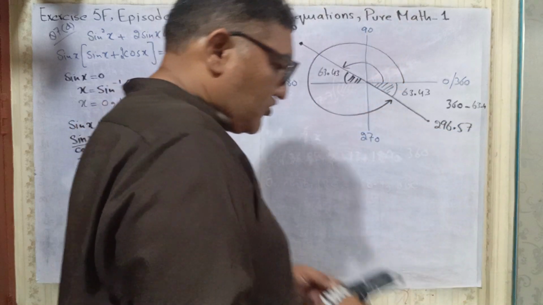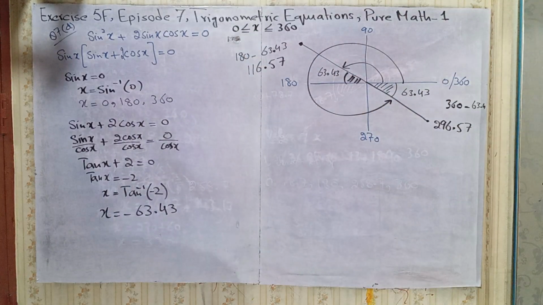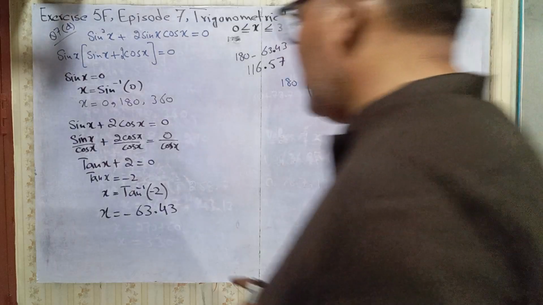Okay, so when you take tan inverse of the minus 2, the angle which will be in the fourth quadrant in the positive sense from 0 to 360, this angle will be 296.57. The angle which will be in the second quadrant, that will be 116.57.